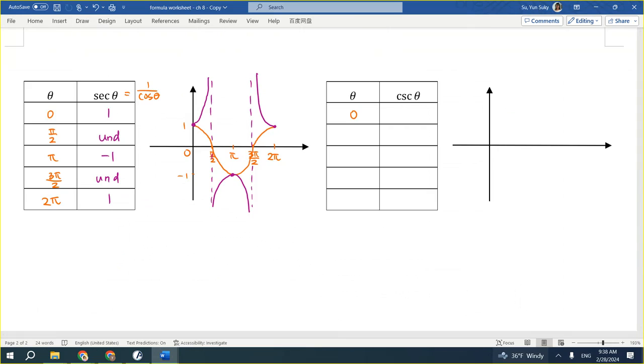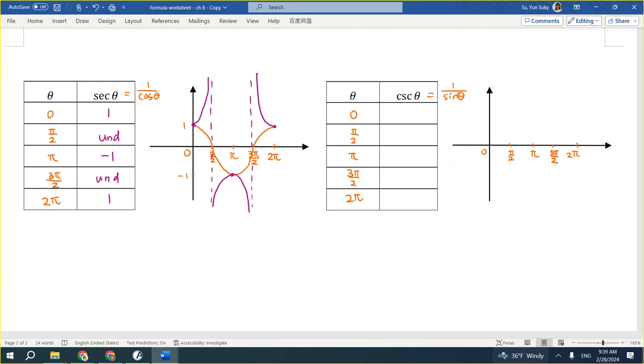Okay, theta is also those 5 key points. Now cosecant is 1 over sine. You also draw the sine first. See how I draw it? I know the values. 0 to 2 pi. The middle is pi. And then between 0 and pi, the middle is pi over 2.